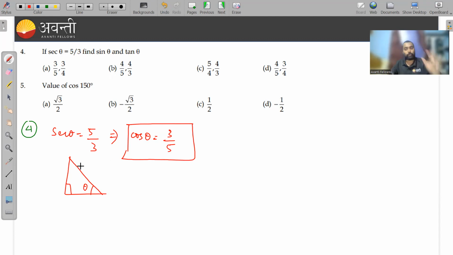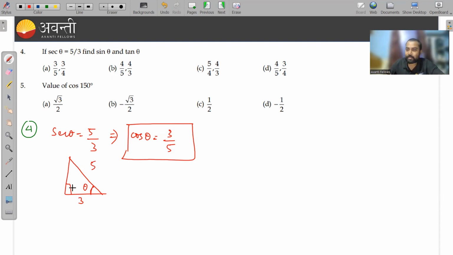If I ask you to show me where cos of theta will be, we know cos of theta is base upon hypotenuse. So if this angle is theta, which is your base? Base is 3 and hypotenuse is 5.